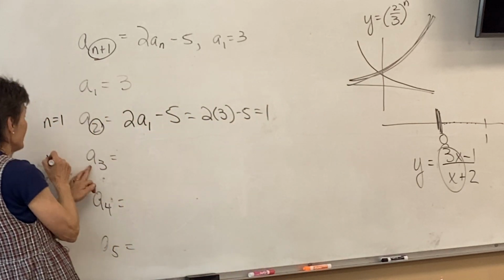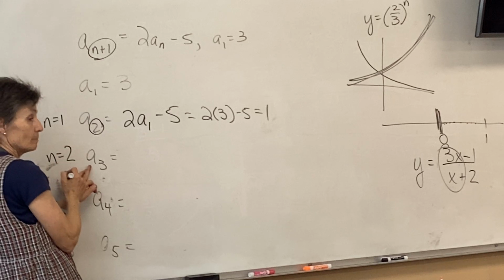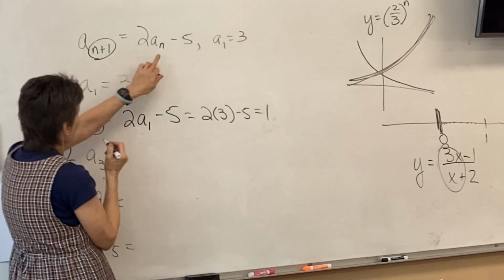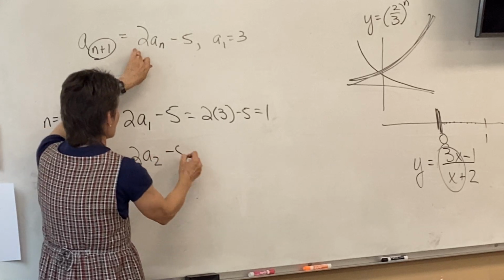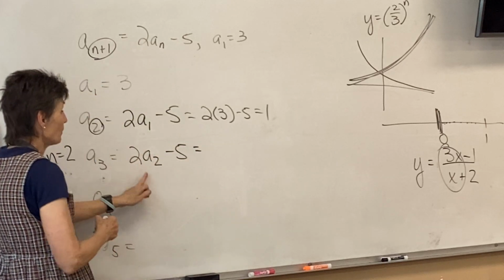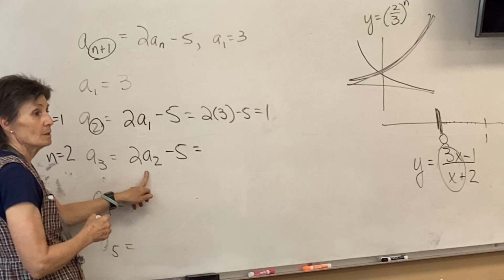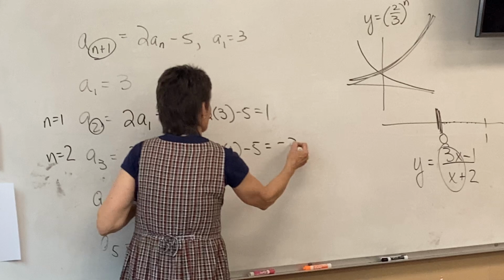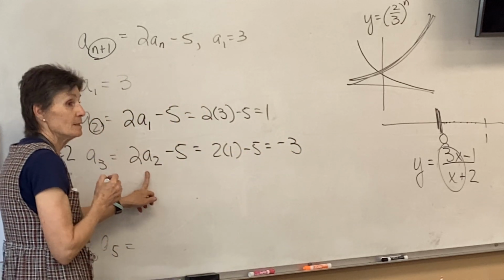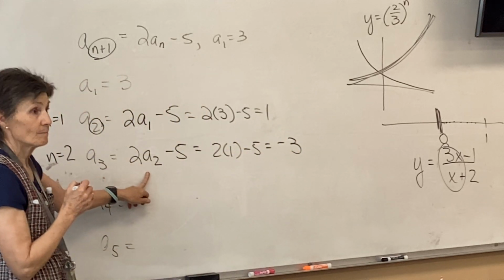I'm going to have to let n be 2. So then if n is 2, it says 2 a sub 2 minus 5. But what do we know about a sub 2? It's 1. So 2 times 1 minus 5, it looks like that's going to be negative 3. Negative 3? Yeah, 3 minus 5.